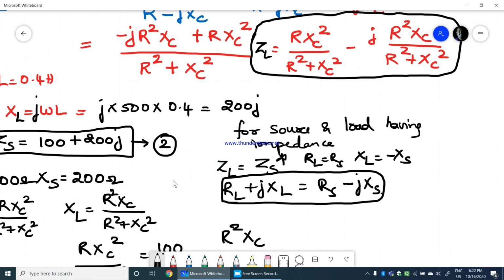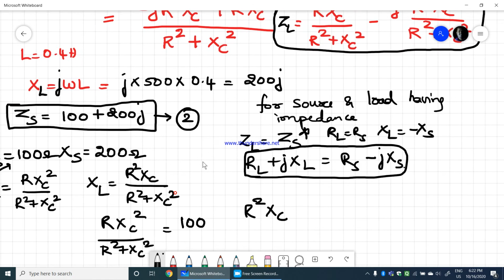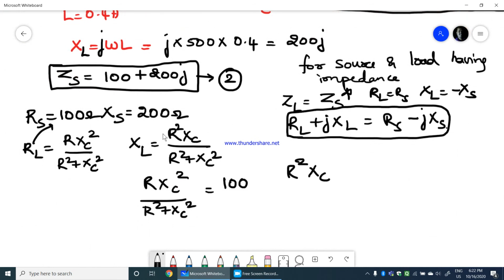Sorry, I am getting XL as minus, so XL equals minus R square XC divided by R square plus XC square, which equals minus XS, so minus 200. Minus minus will get cancelled, so it becomes plus. Now these are the two equations, 100 and 200.